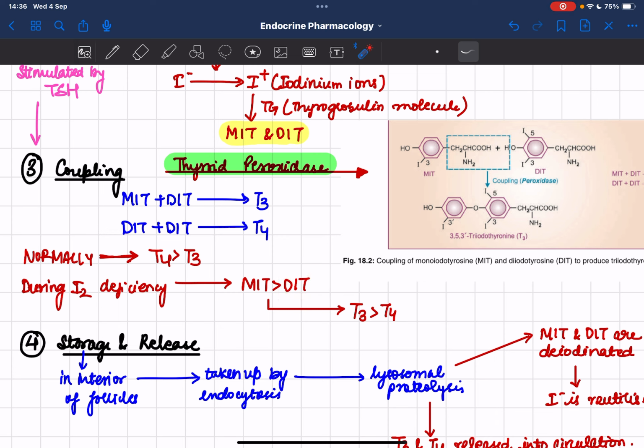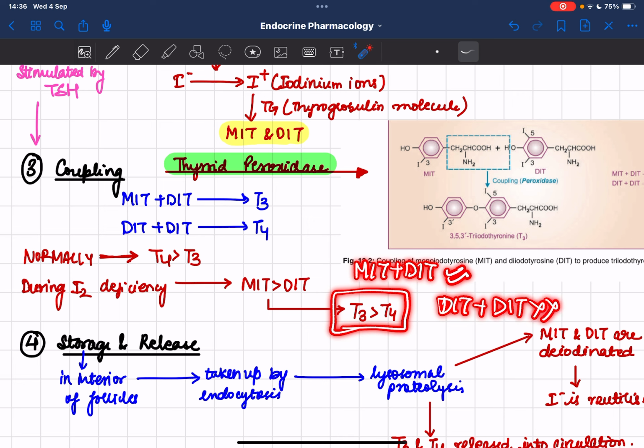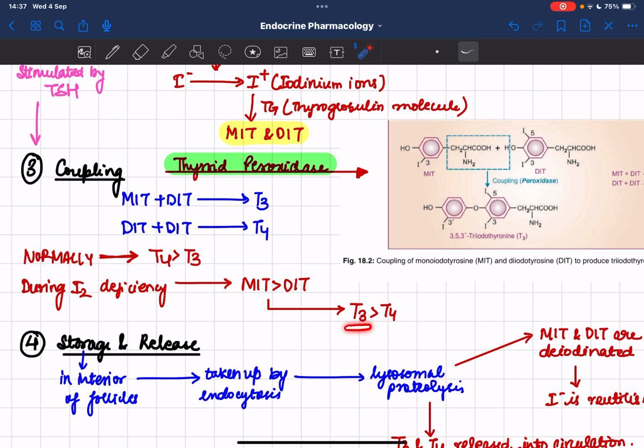Because there is less iodine, monoiodotyrosine, that is one molecule of iodine attached, will be more than two molecules of iodine attached. So in people with such deficiency, T3 will be more, because if MIT is more, the MIT plus DIT combination is much more possible than DIT plus DIT. So T3 will be more than T4 in people having I2 deficiency.